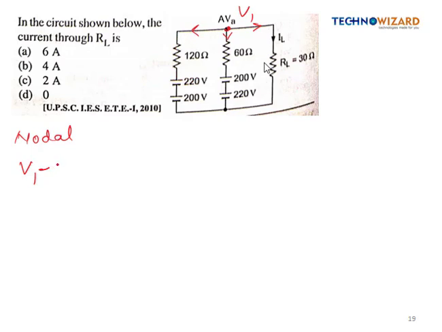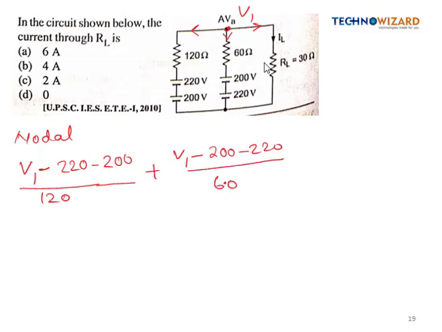Similarly this 200 volt is also going to oppose this current, so it will be minus 200 divided by 120, plus V1 minus 220 divided by 60, plus V1 upon 30 is equal to 0.